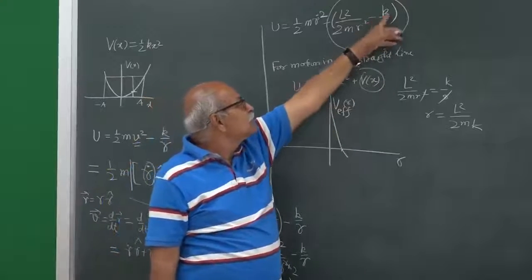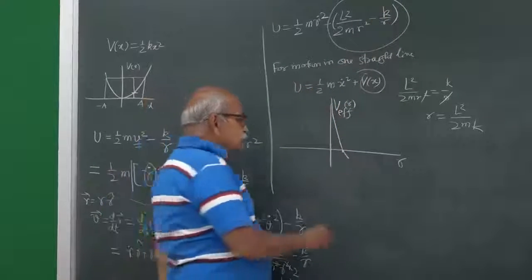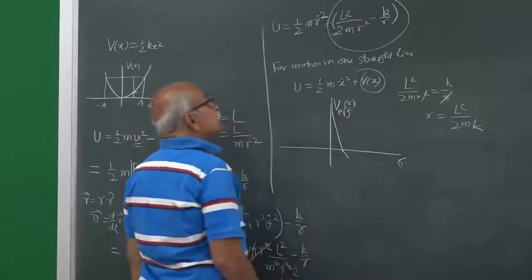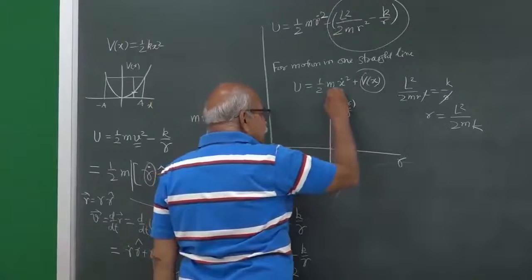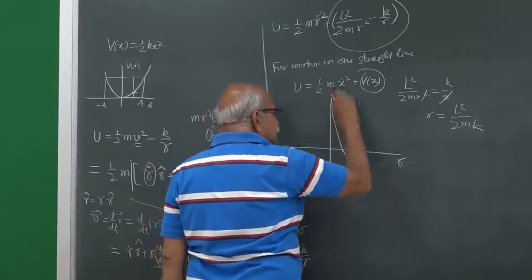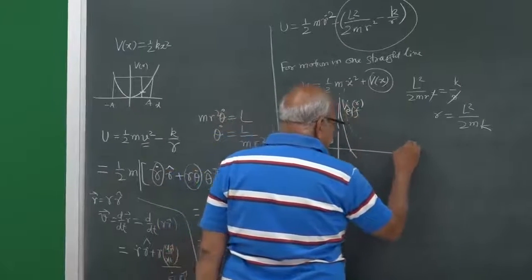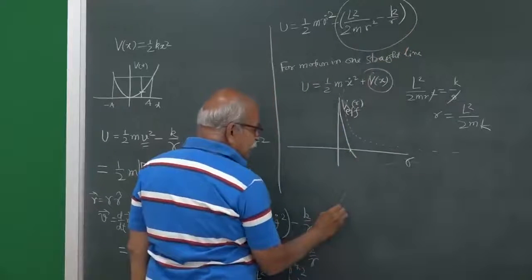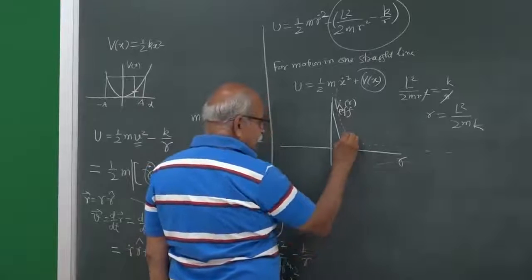If you see, minus k by r is something like this, and this will dominate over L square by 2 m r square. If I plot, it will be of this type, going to 0. Ultimately, both of the terms are going to 0. Minus k by r will be of this type. Here they are equal.